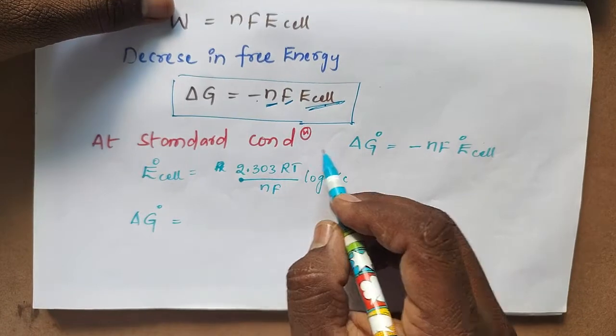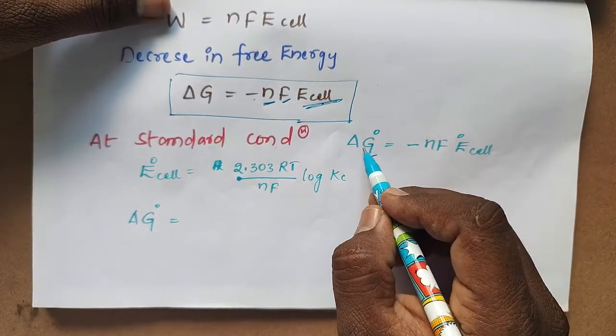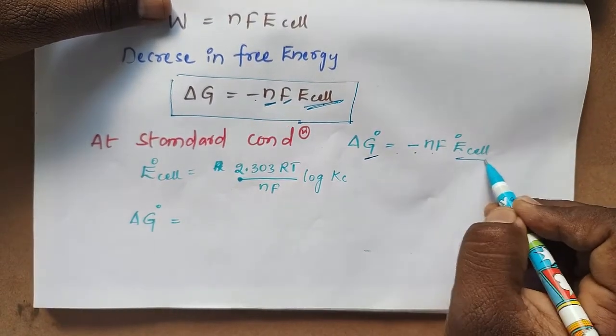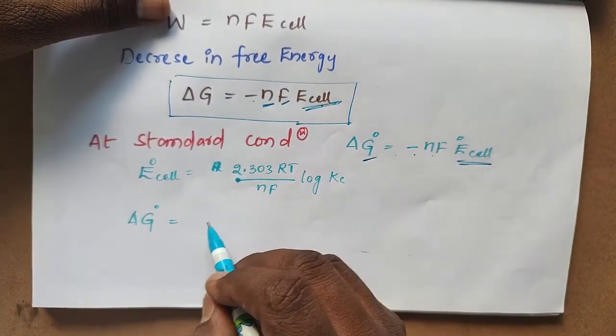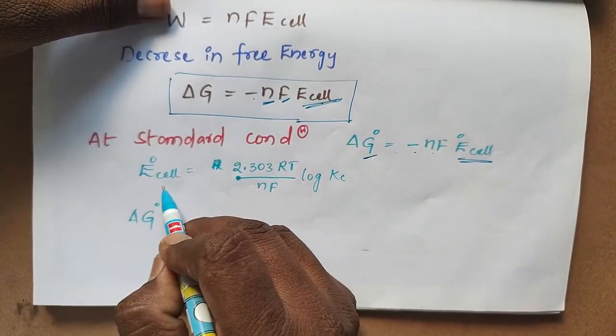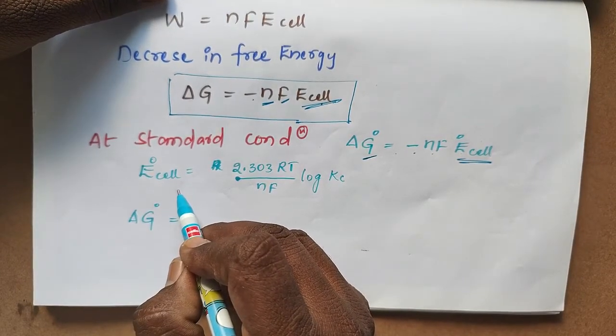At standard conditions, delta G naught equals minus nF E naught cell. You take that E naught cell as per the next equation for the equilibrium constant.